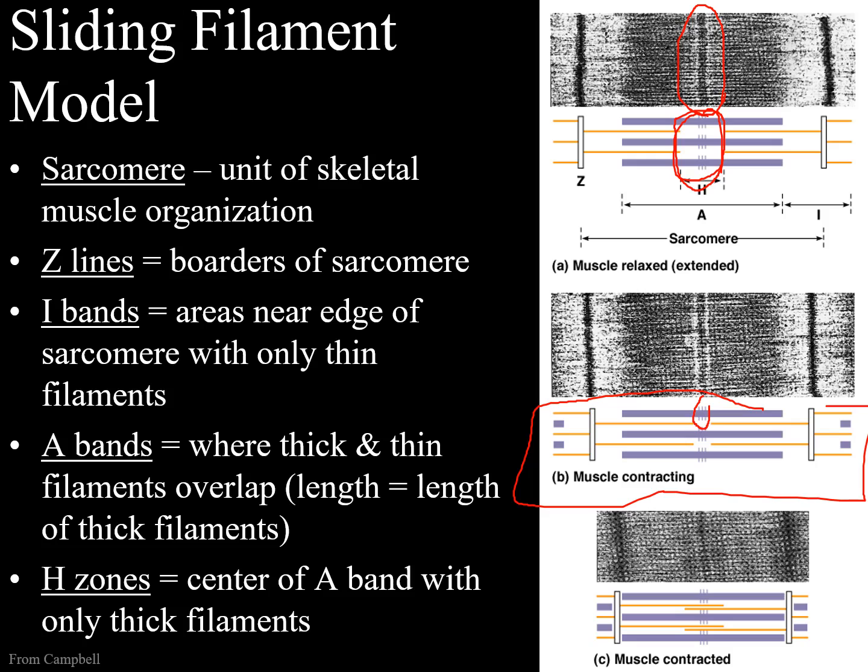And the A band is still exactly the same, right? It hasn't changed width from the top one. However, the I bands are getting narrower as the muscle contracts, and then when the muscle is fully contracted, it's basically just A band. That's pretty much all that you can see. You can still kind of see the Z lines, but it's basically just the A band because everything is overlapping.